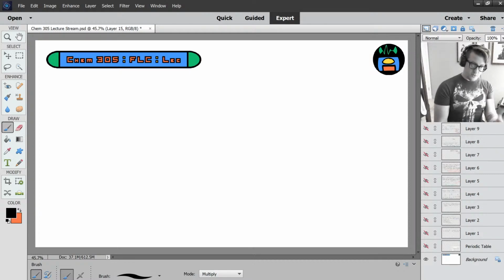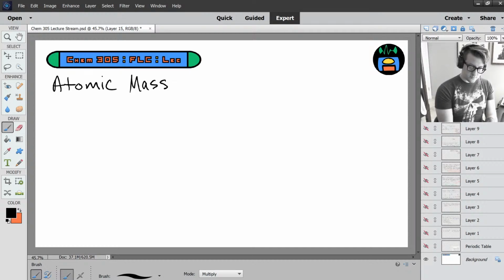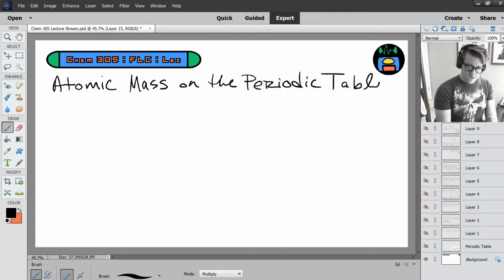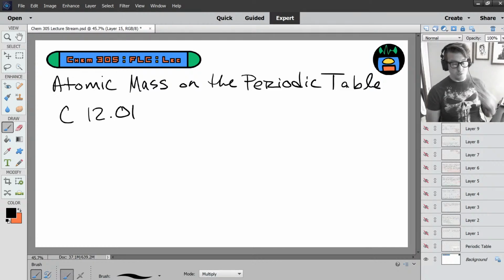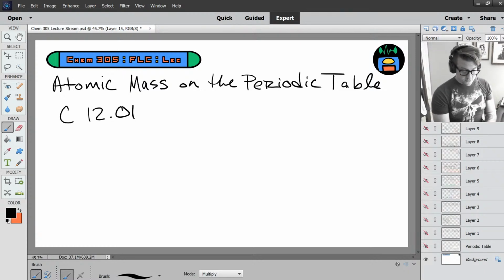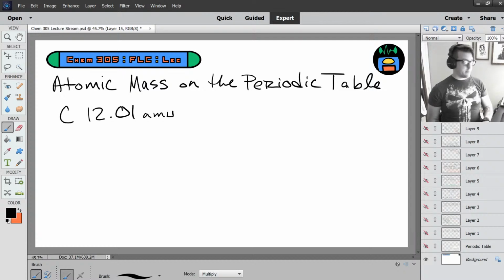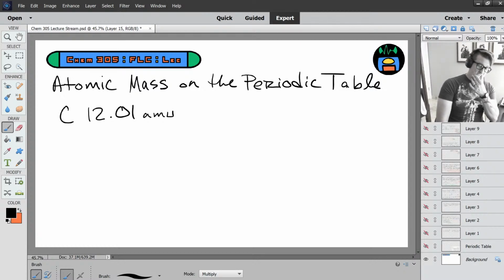The second reason has to do with the atomic masses on the periodic table. If you look up the atomic mass for carbon, it's 12.01, and the number on the periodic table is unitless. You know that the units for atomic mass are AMU, atomic mass units.